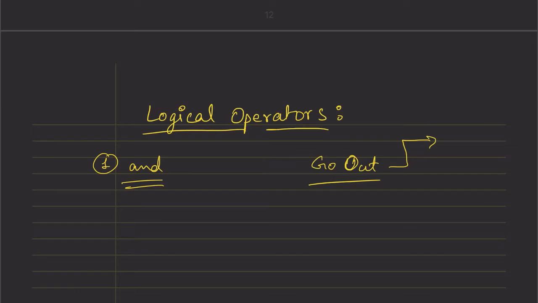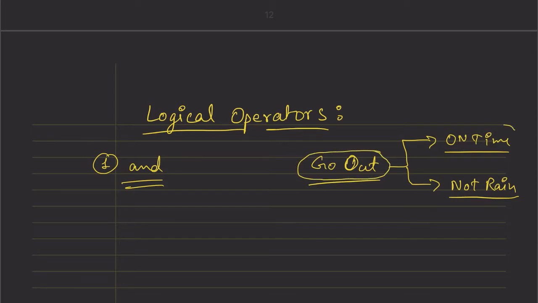The first condition is whether your father comes back on time in the evening to take you out, and also, let's say, it should not rain. So it's clear that in order for you to go out, not one but both of these conditions should be true. In such cases you use the AND operator.